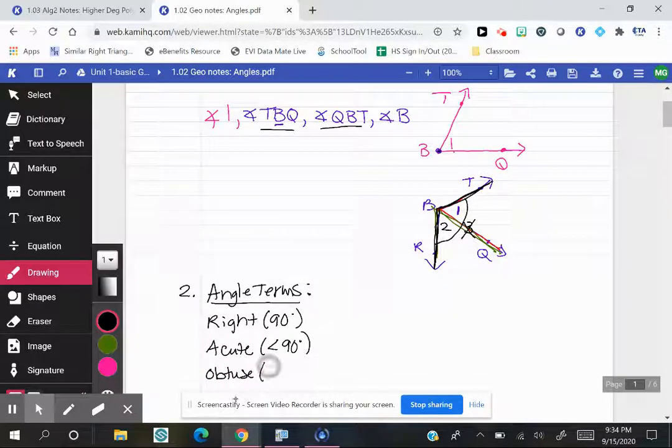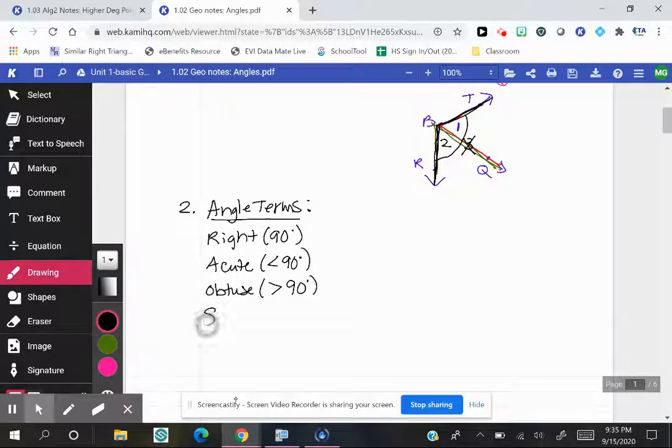Think obtuse, bigger than 90 degrees. Acute is like a cute little angle, so it's smaller than 90. You could have a straight angle, which is equal to 180 degrees. You could have a reflex angle, which is greater than 180 degrees.